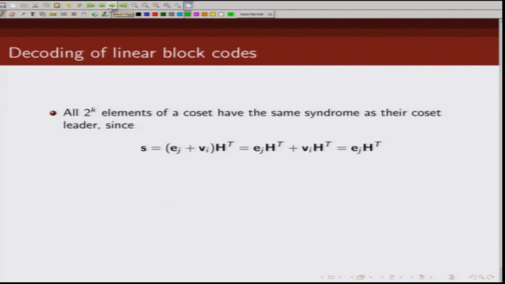The next property is that all the 2 raised to k elements in a row or in a coset have the same syndrome. This we can show because each element in a coset is of the form Ej plus Vi H transpose, and since Vi H transpose is 0, they will only depend on the error pattern, and in each row it is the same error pattern that appears in the elements of the row.